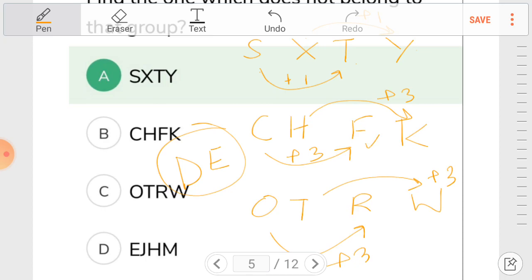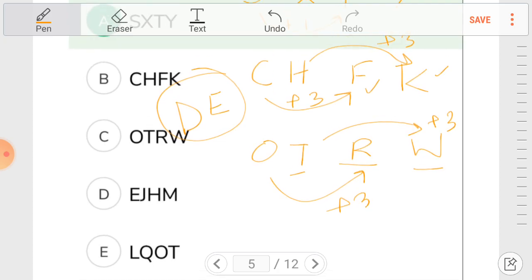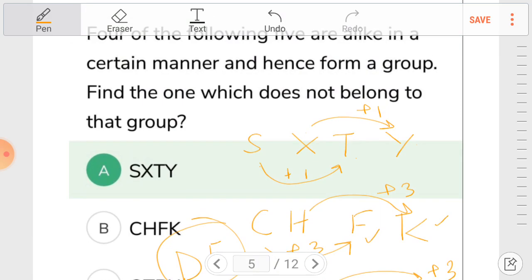Similarly, after H, I and J are skipped and K is written. And this order is the same in options B, C, D and E. Like in OTRW, after O the third letter is R, and after T the third letter is W. This sequence is the same in the other four options. Only one option, option A, is different from the others, so option A is correct.